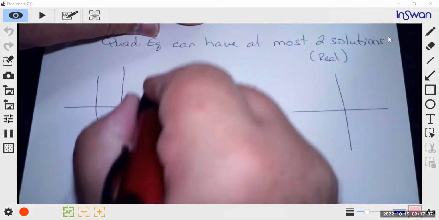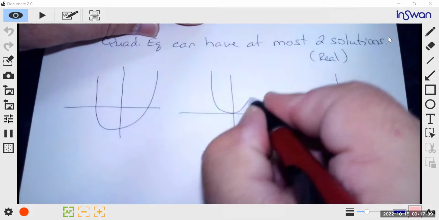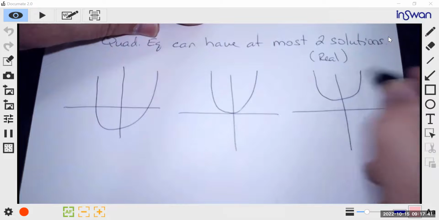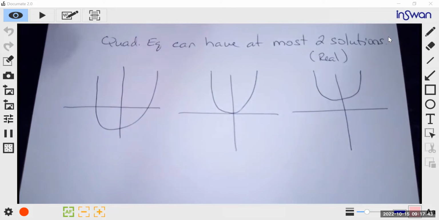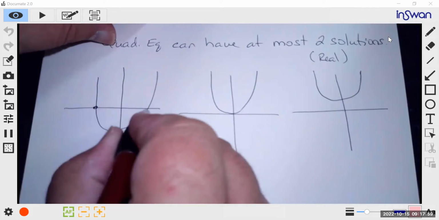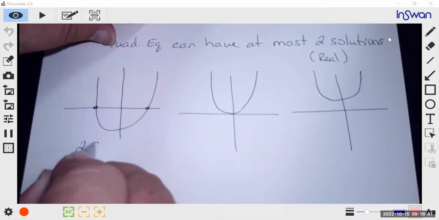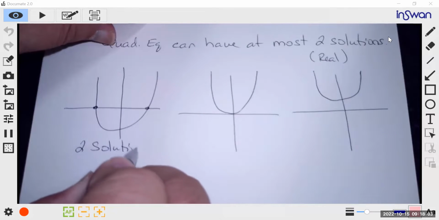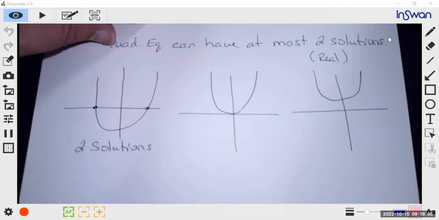So our graphs can look like this. A quadratic equation can have 2 solutions, those are the x-intercepts.